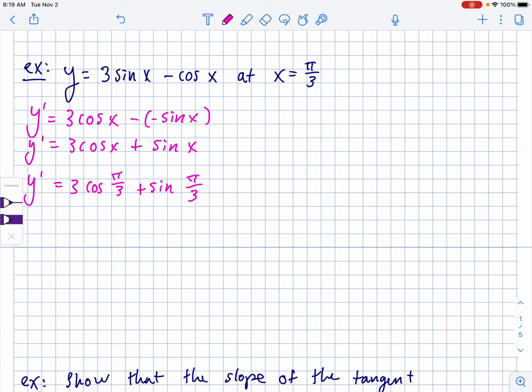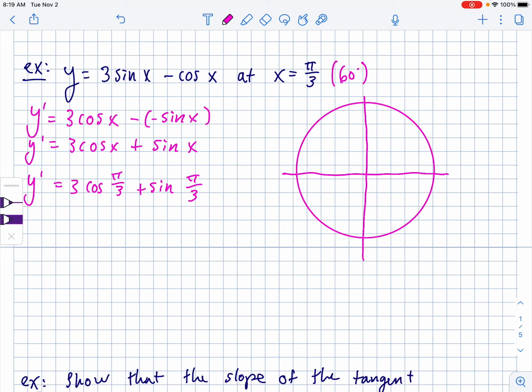Now, if you don't know what cosine and sine of pi over 3 are, here's how I do it in my head. I draw a unit circle every time I need to figure out something like this. Look at that perfect circle that I drew. Amazing. Now, pi over 3 is the same thing as 60 degrees. That is something that I remember. Pi over 3 is the same thing as 60 degrees, and pi over 6 is the same thing as 30 degrees.